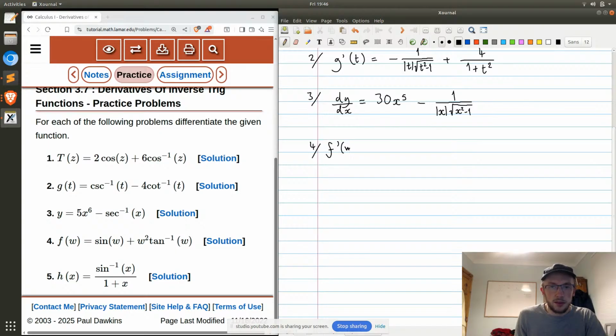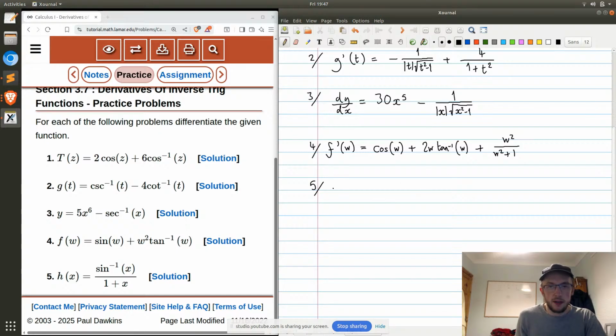So f prime of w would be cosine of w plus 2w arc tan w, and then the derivative of arc tan is this. It would be there just like that.